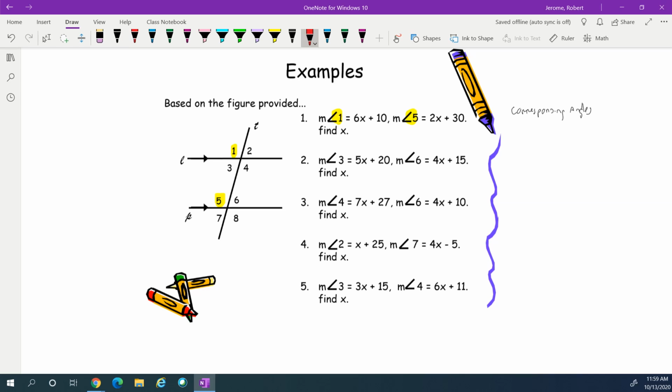Well, check it. Yes, we have parallel lines. So that means angle 1 is congruent to angle 5. So 6x plus 10 equals 2x plus 30. And we can find out that's 4x equals negative 20, x equals negative 5.